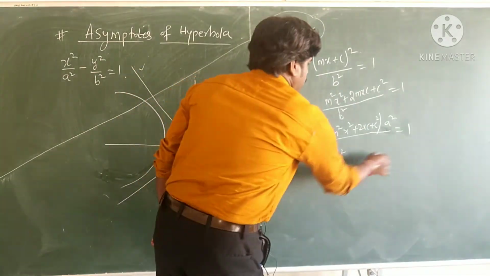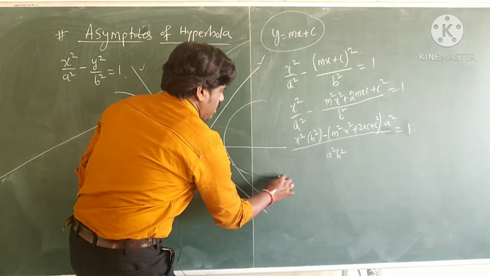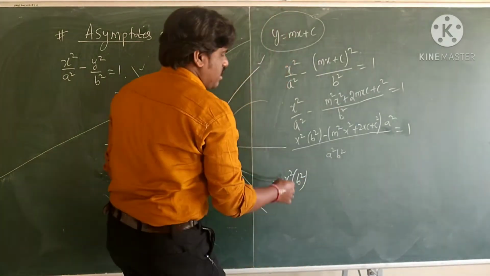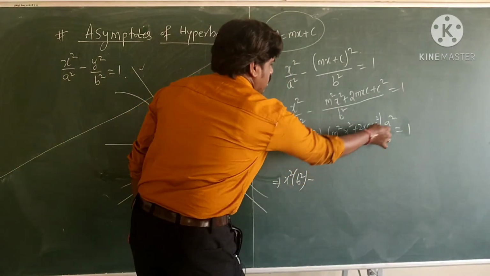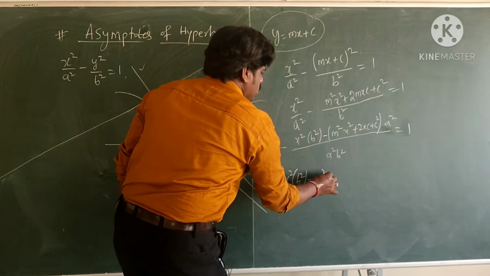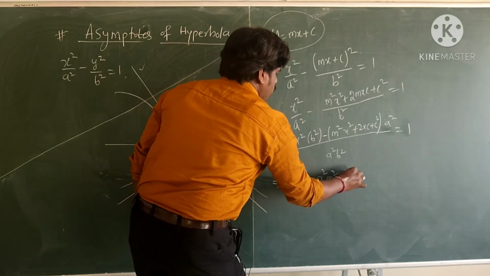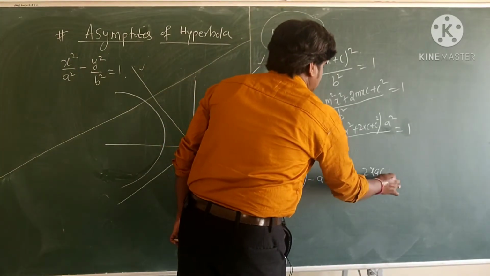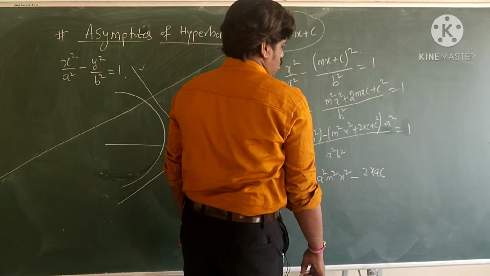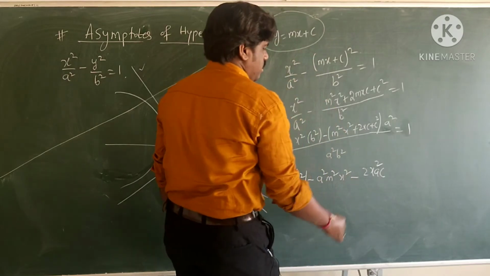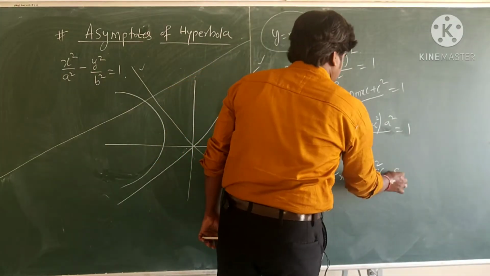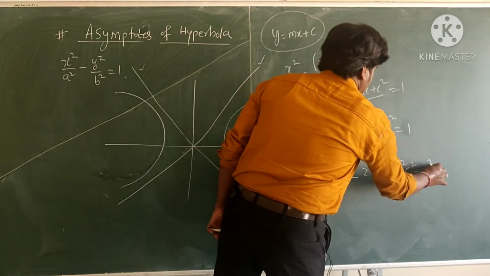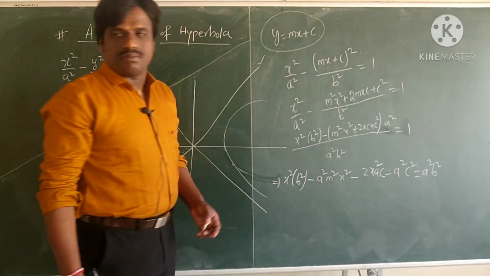So if I do cross multiplication I get x square into b square minus a square m square x square minus 2 a square mxc minus a square c square is equal to a square b square. So I did the cross multiplication.